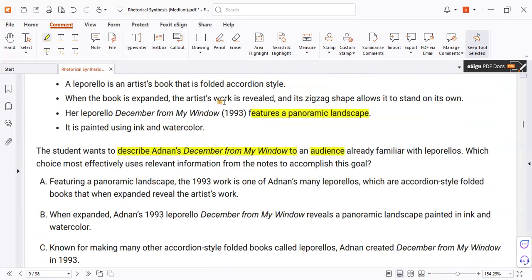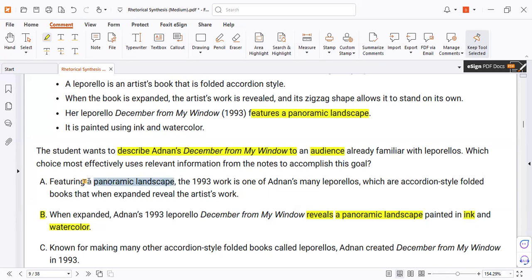Look for the description. When expanded, the work reveals a panoramic landscape painted in ink and watercolor. So now we describe what it is. We mentioned the shape. We mentioned what kind of colors. See? So B is strong for the description language. And letter A, we don't have a lot about the shape exactly.